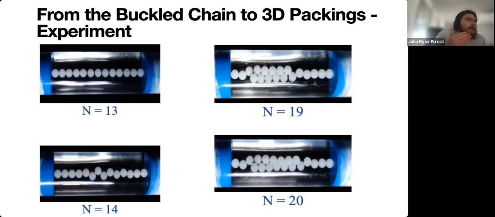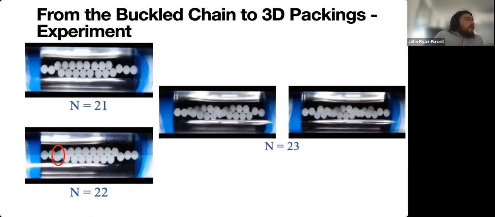And we find from simulation and mostly from experiment that this zipper structure remains mostly in one plane as you increase the number of particles here, or in our case, increase the compression. But eventually, one of these zips will twist out of plane with the rest of the structure.